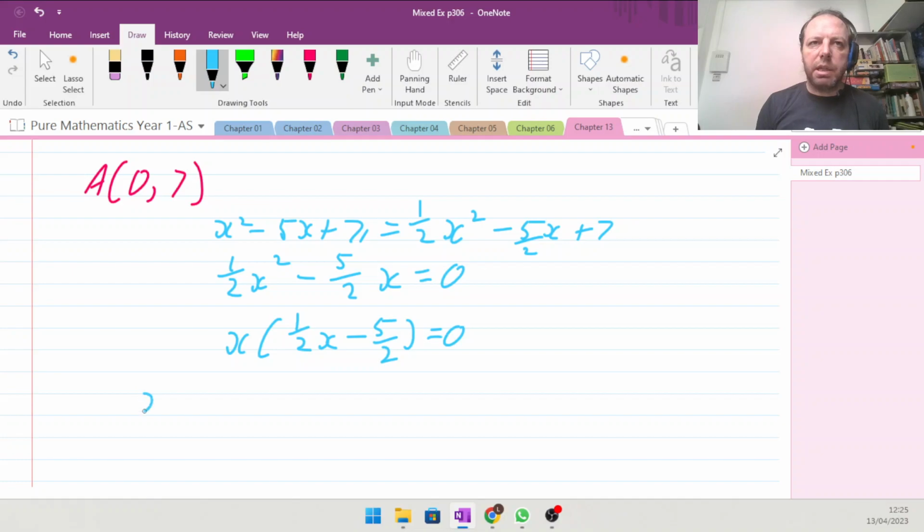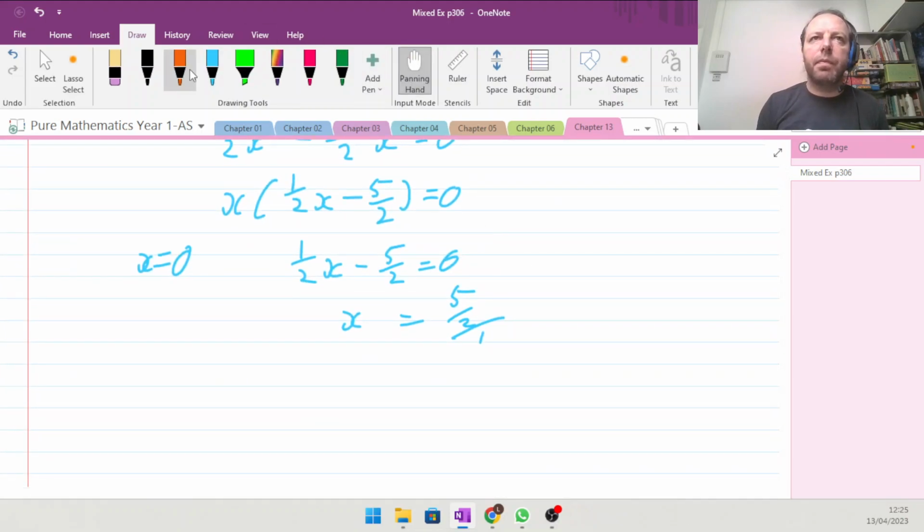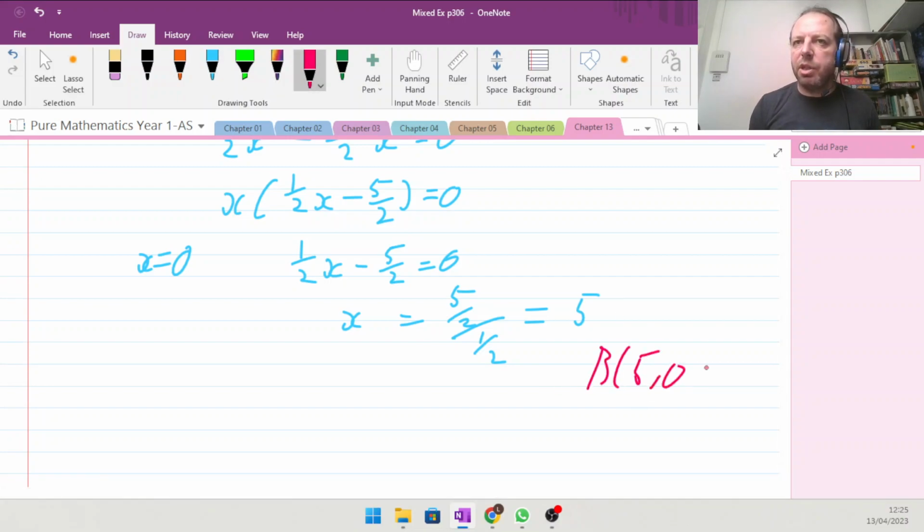So taking out an x on that, we end up with x times a half x minus 5 over 2 equals 0. So we get x equals 0, which we've used for the point A, and we also end up with a half x minus 5 over 2 equals 0. So x is equal to 5 over 2 divided by a half. If you keep change, flip it, you end up with 10 over 2, so x equals 5. So that makes point B to be 5, 0.